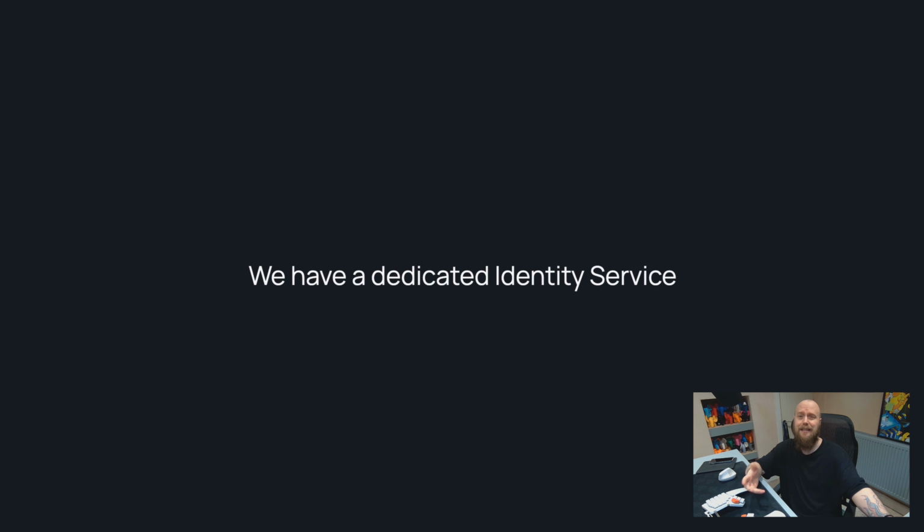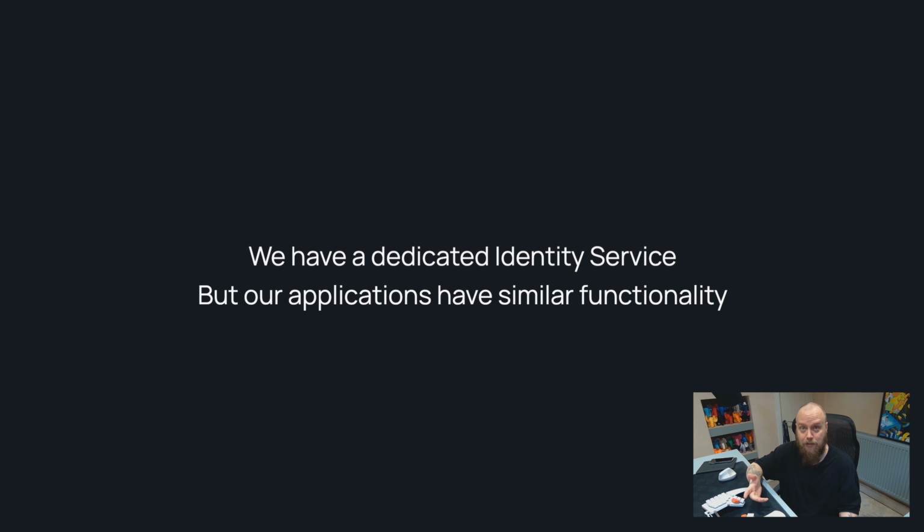So we've got a dedicated identity service. We can do SSO, we can do OAuth, OpenID Connect, email password, an identity service. Like Auth0, but it's our own. And a lot of our applications have similar functionality. So, core Treble and API insights, you want to be able to log into.